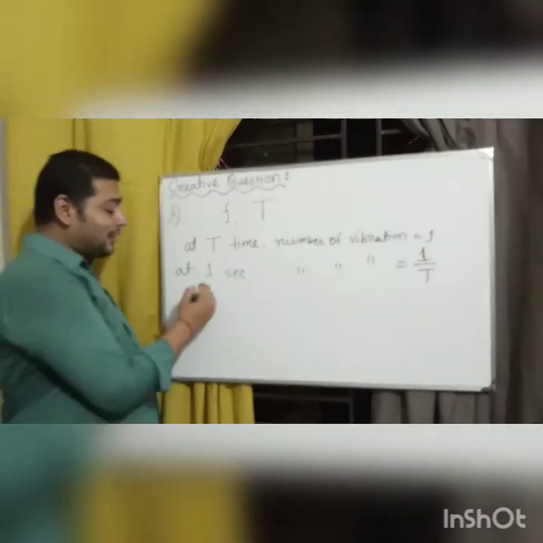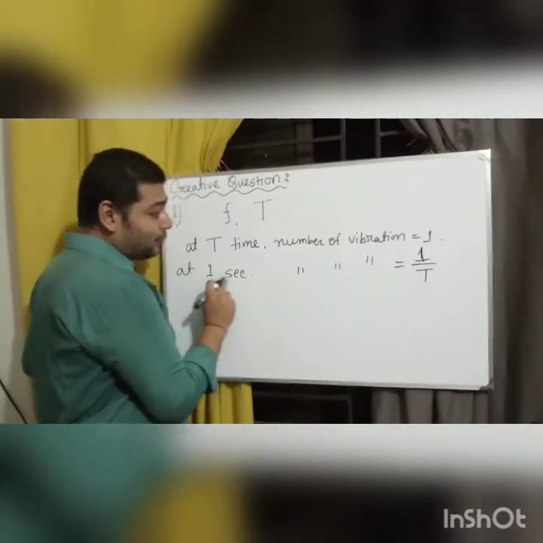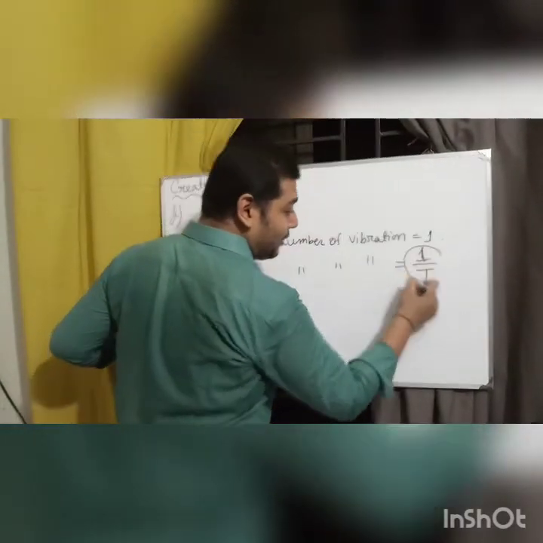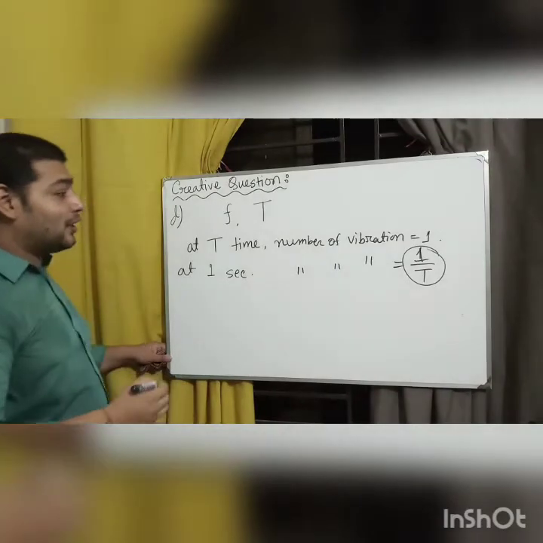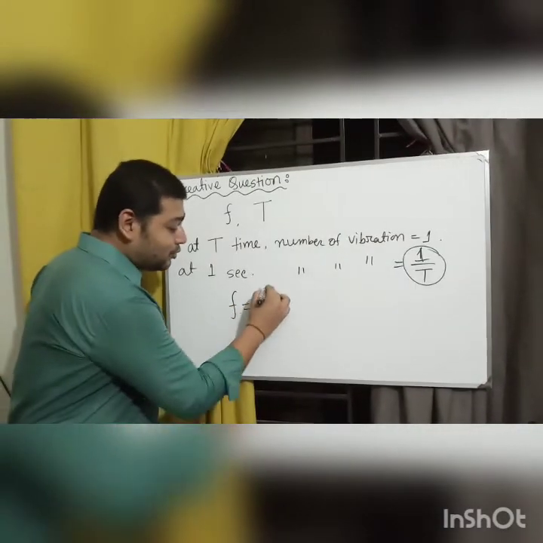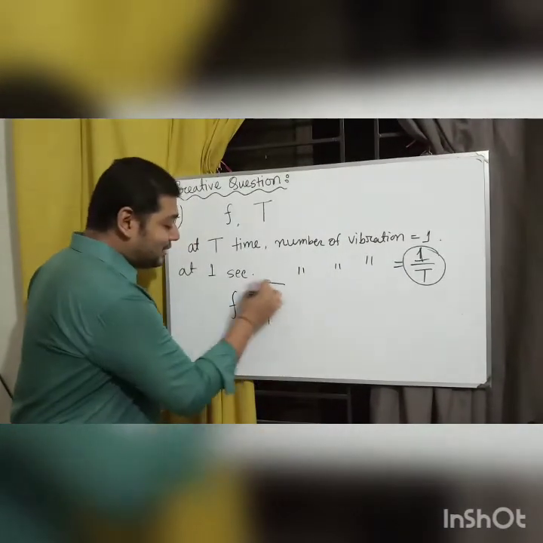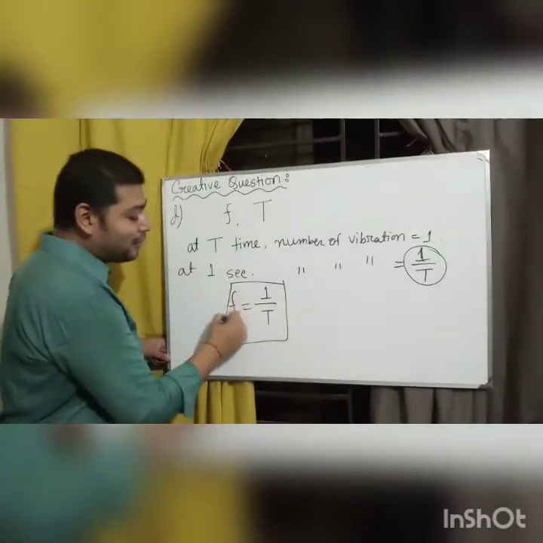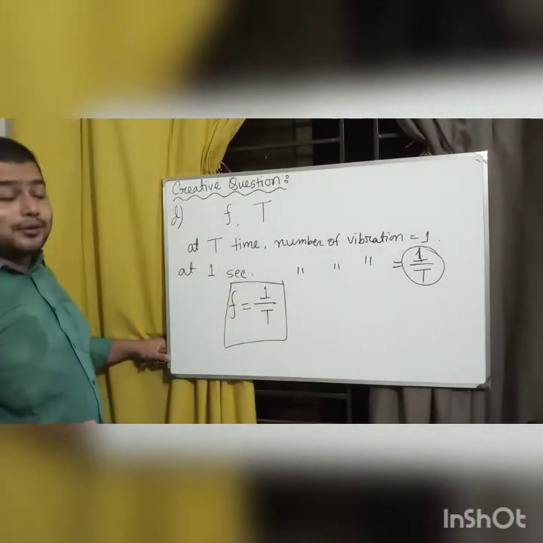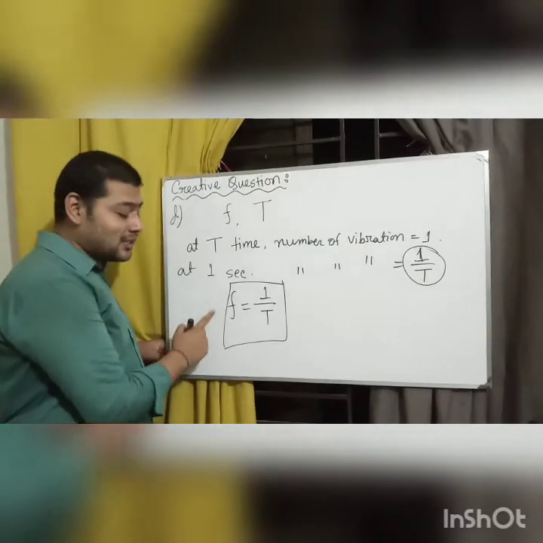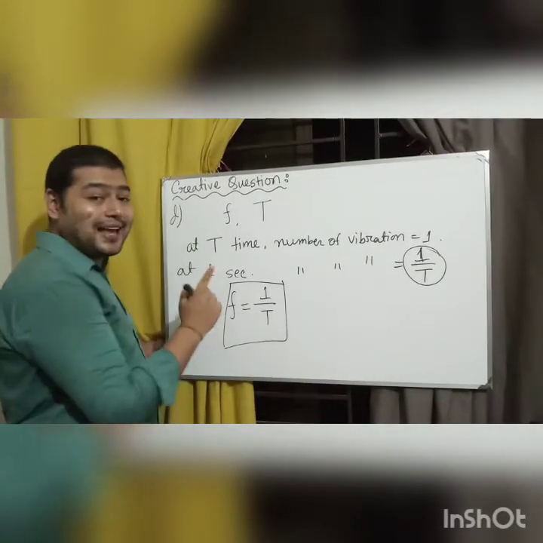So here you can see that at 1 second the number of vibration is 1 by T. So according to the definition we can write F equals 1 by T. So this is our relation between frequency and time period.